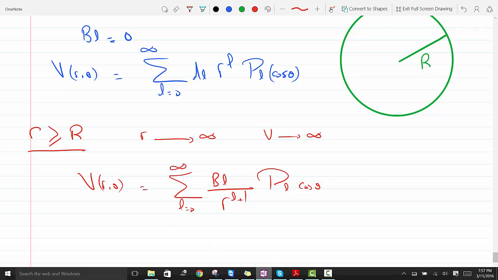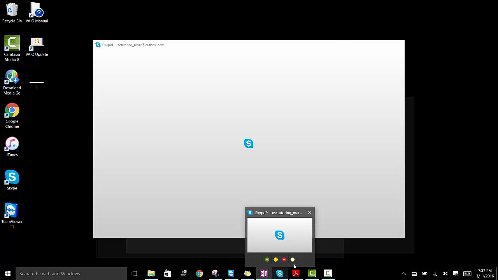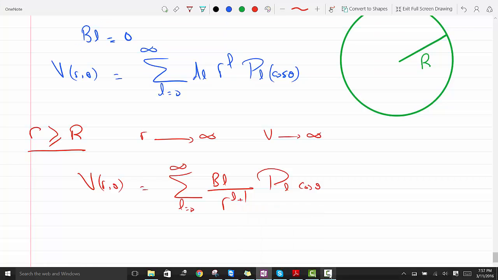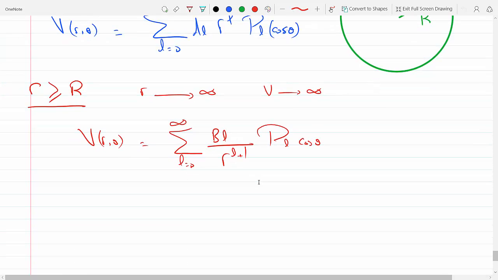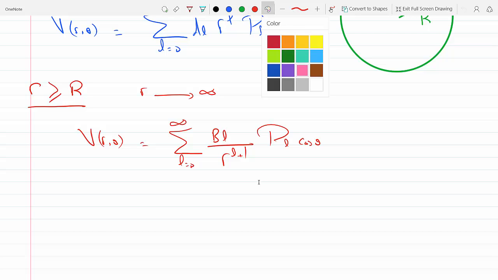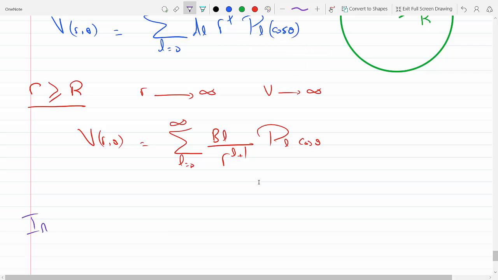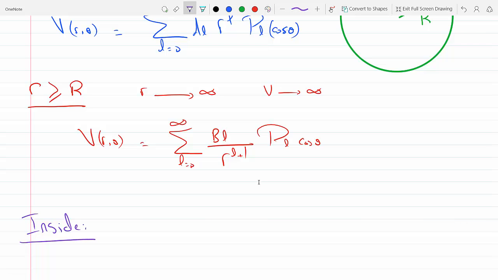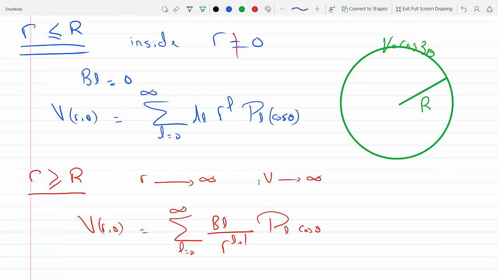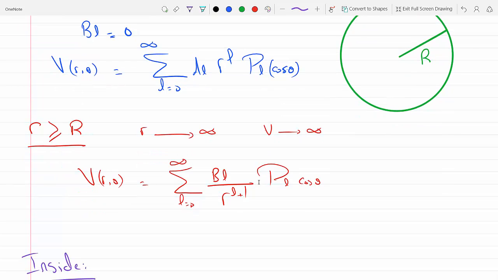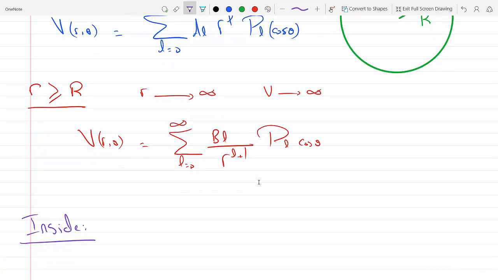Do you want to give some thought to what happens from here, or do you want me to keep showing you? I'll show you what we mean. Let's first go inside the sphere. We already found what the potential is, generally speaking. It's the one in blue. And we can say what happens at the surface. So now we invoke the boundary conditions.